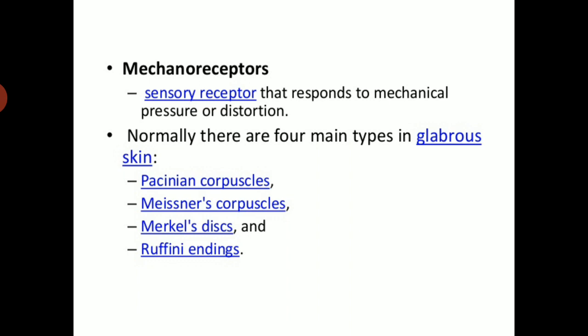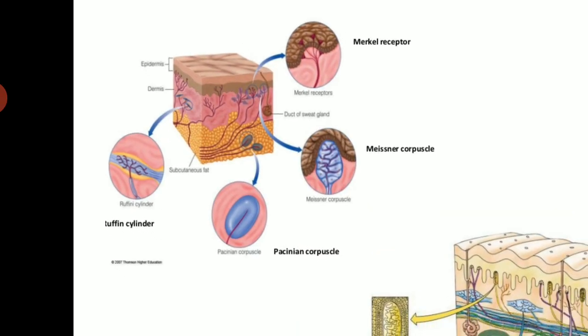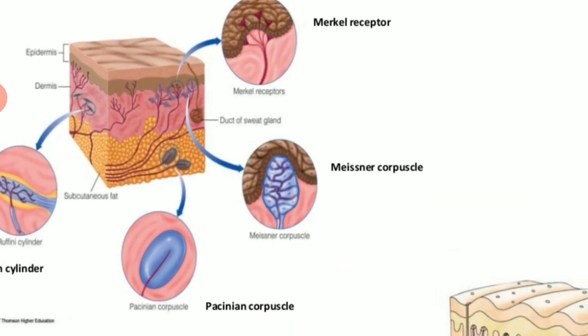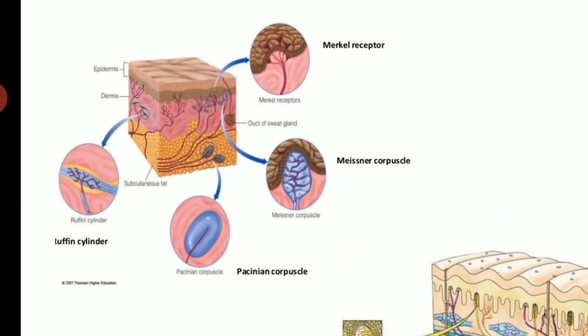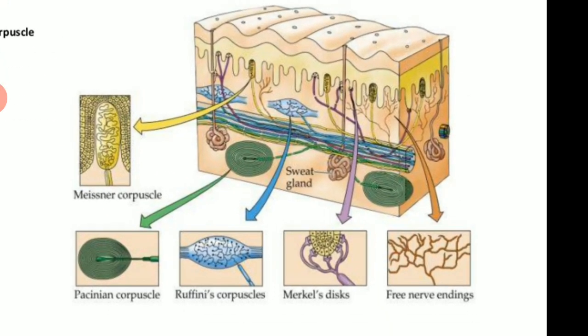The center of the capsule includes the core. So here you can see these receptors in the diagram. There are two diagrams and you can see these four receptors.